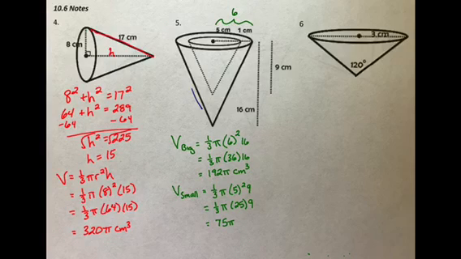And so then to find out what the volume of the shape is, I would take the big cone's volume, the 192 pi, and subtract the small cone's volume since they cut that out of the big cone, and get 117 pi centimeters cubed.